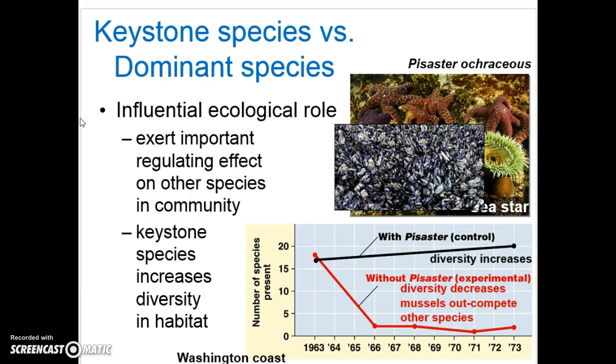Because starting from the very beginning, if we lower the available biomass and available energy of the producers to the first consumer, which would be the herbivores, then the herbivore population is going to decrease. It's going to die off because it doesn't have enough food, and then so on up the line. And the contrast with that is the keystone species, which I'll go into in a little more detail in just a second.